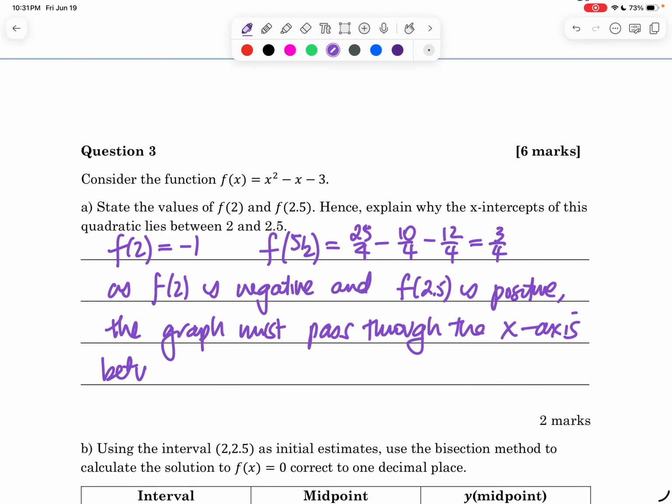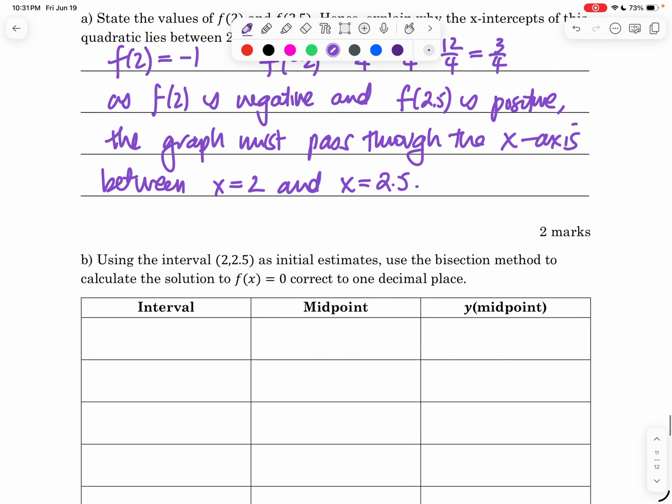X equals 2 and x equals 2.5. Okay, using the interval bisection method, to calculate it to 1 decimal place.